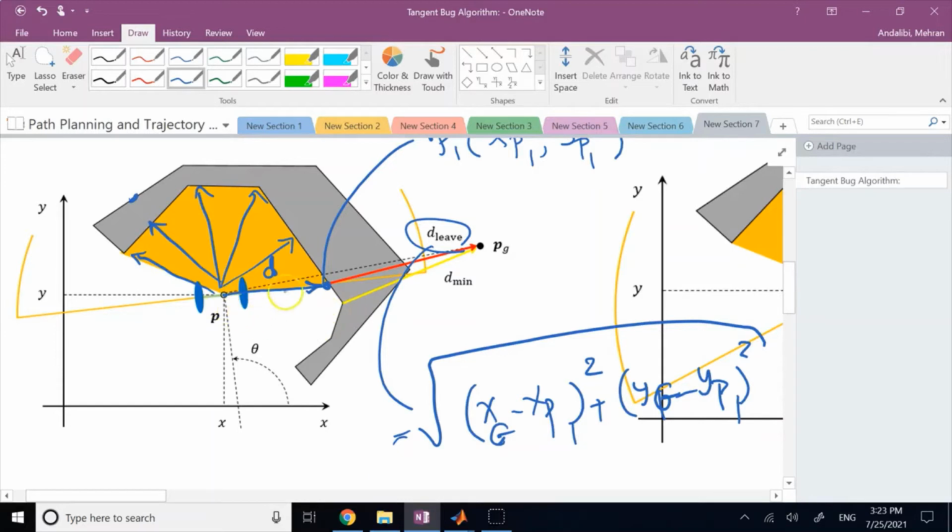And the angle is measured with respect to one of the axes of the robot, right? So, for example, if you have this axis of the robot, which here is shown by angle theta, you can measure this angle alpha, and the distance d can give you the relative location of the scan point to your current point.